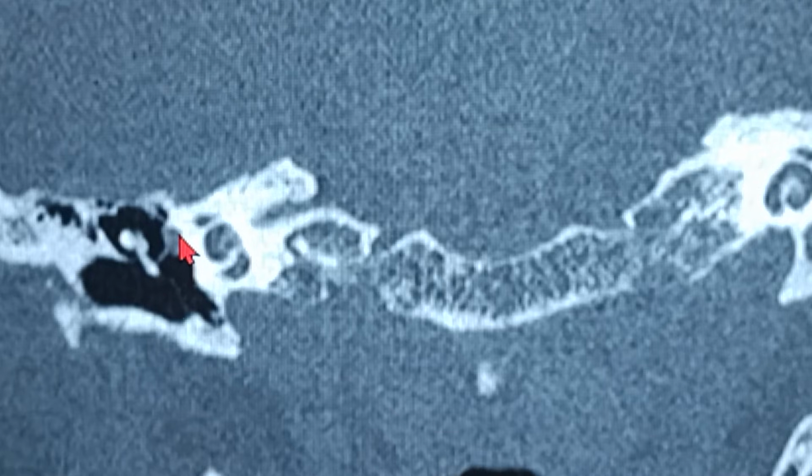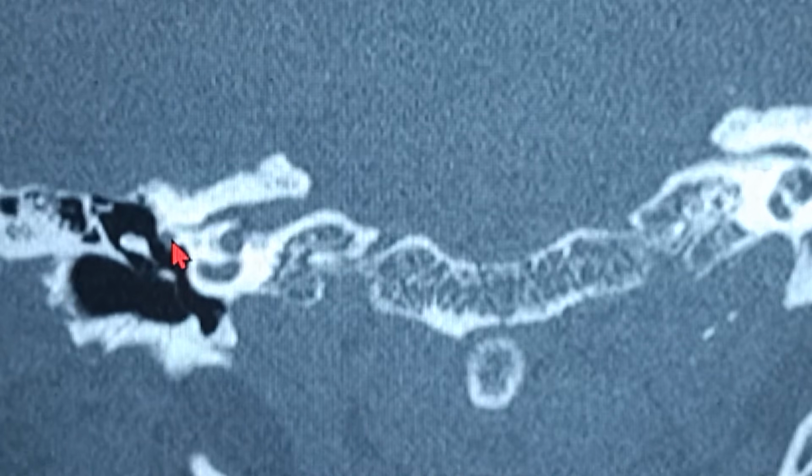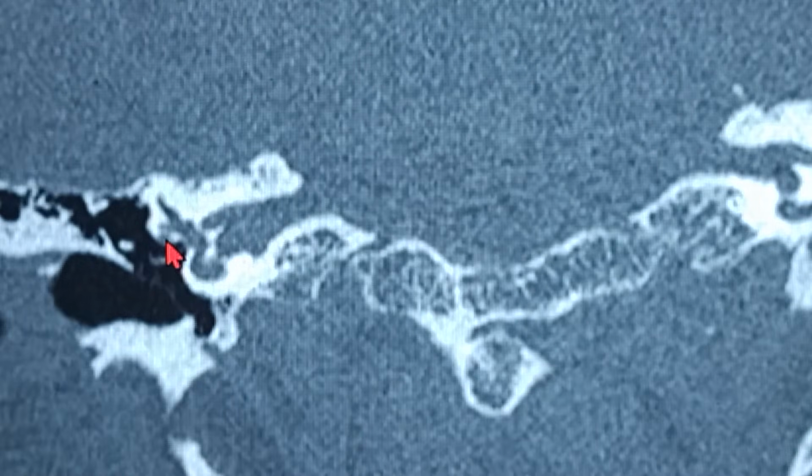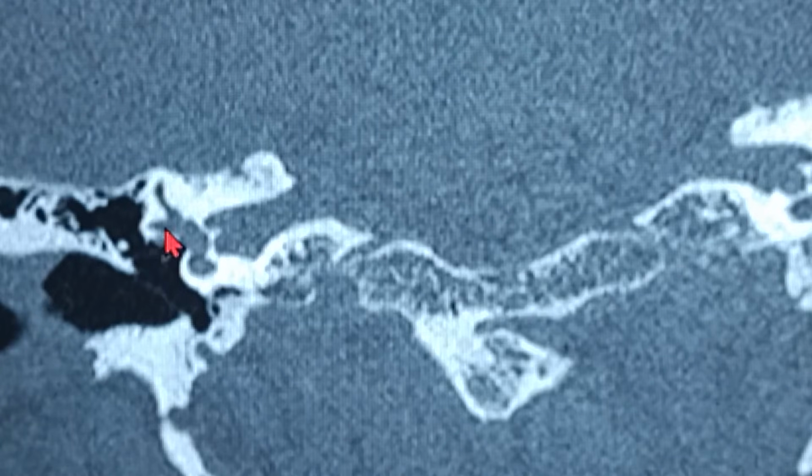So if you can just follow this segment over here, that's the tympanic segment of the facial nerve. This is the facial nerve. So this is the lateral semicircular canal, and I've been saying this repeatedly, that the facial nerve runs below the lateral semicircular canal, right?